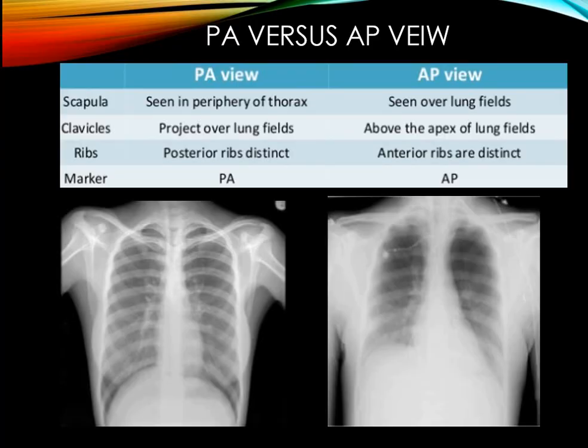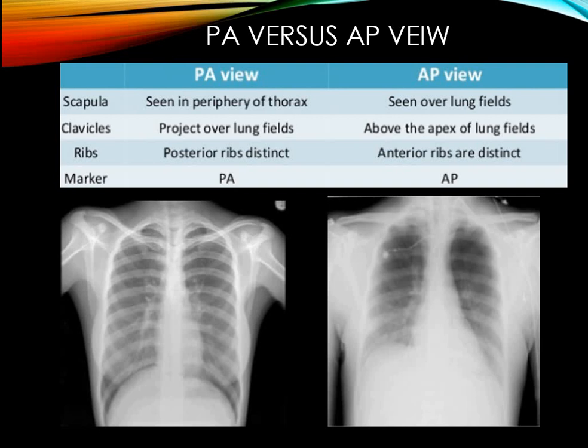These are some differences between the PA and the AP chest X-ray. In the PA chest X-ray, we ask the patient to elevate his shoulders up in order to move the scapula away from the body, thereby making the lung appear more clear. That's why the clavicles will appear V-shaped, or downward medially directed.